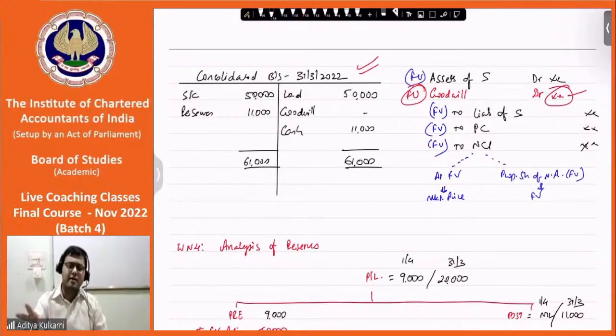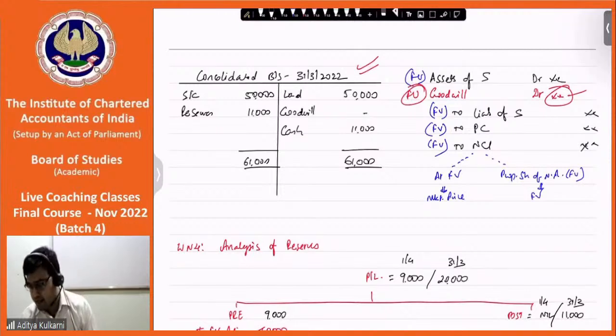And this revaluation reserve would then come in the post-acquisition reserves, and ultimately it would sit in the consolidated revaluation reserve that will appear under working note number 1, and finally in your balance sheet under the head consolidated other equity. So fair valuation adjustment on post-acquisition will be shown in that manner.